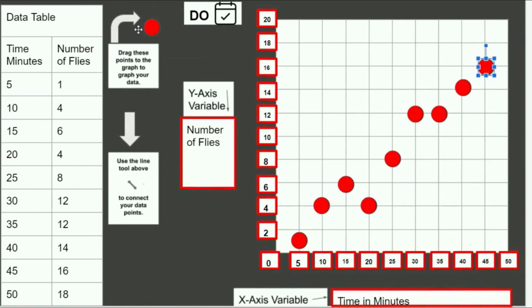And then at 50 minutes, I have 18. Okay, so there's my points, and then I'm going to connect those points with lines.